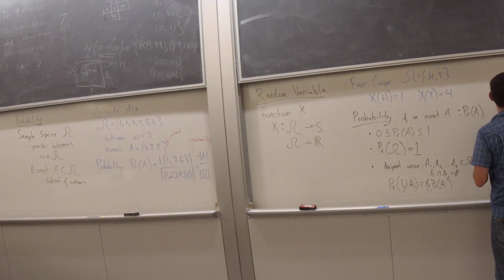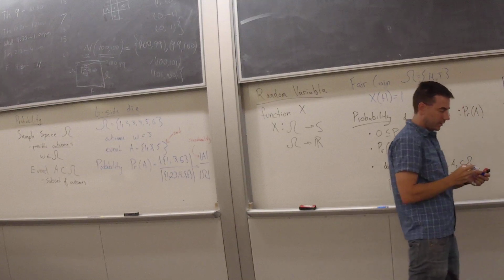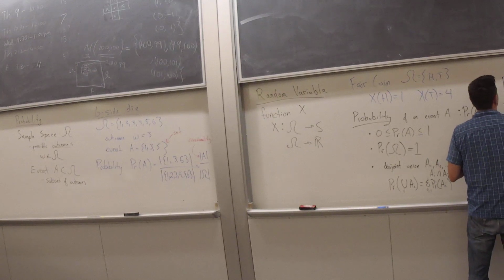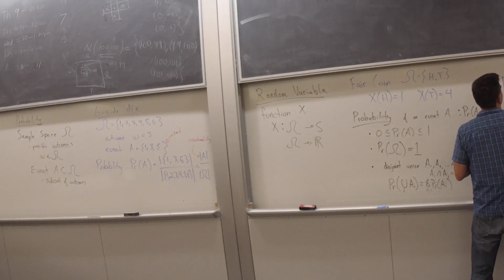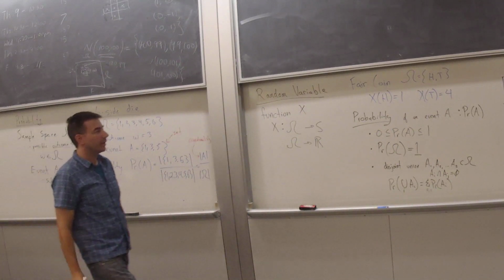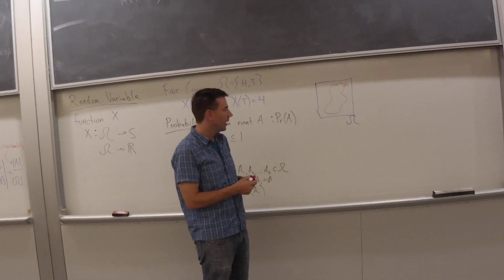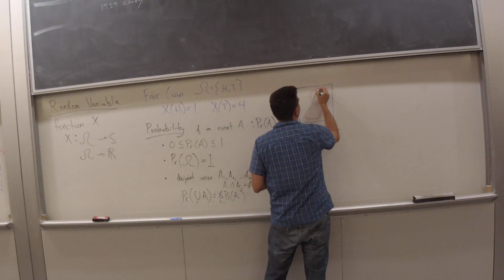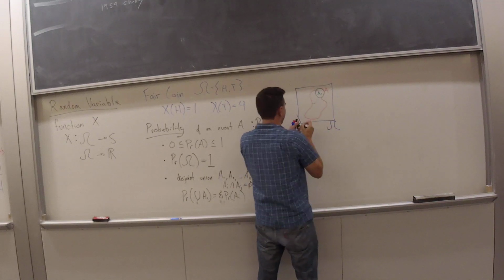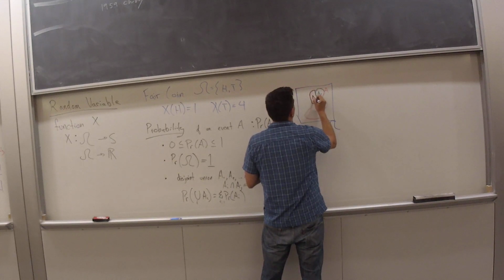Okay, so let me draw a picture here. I like to think of the sample space as this square. An event A that I'm interested in might be this whole space here. It could be any weird shape in here. And then I can carve this up into these pieces. This is A1. This region is A2.